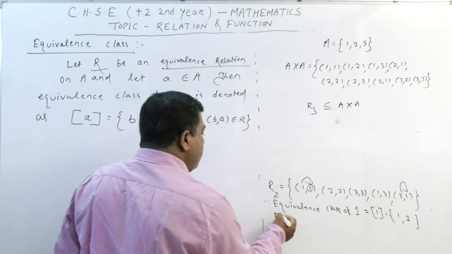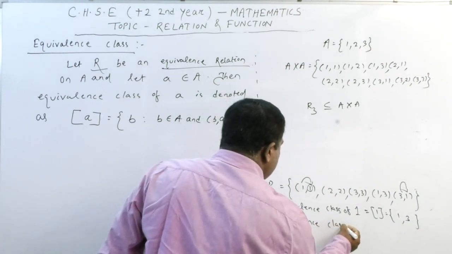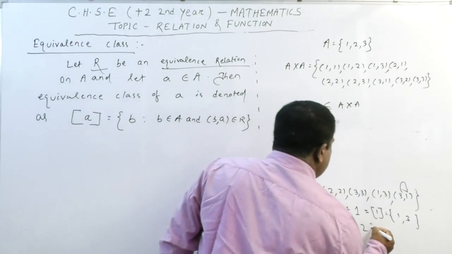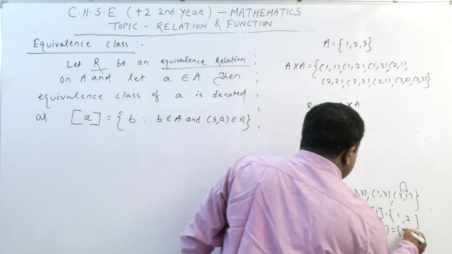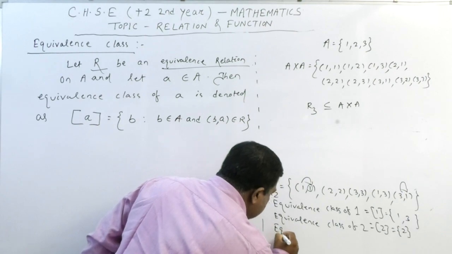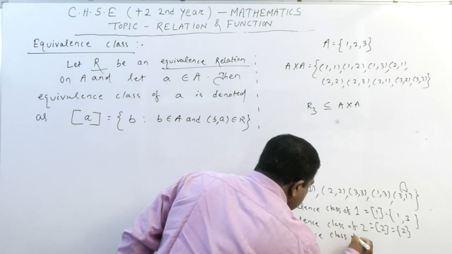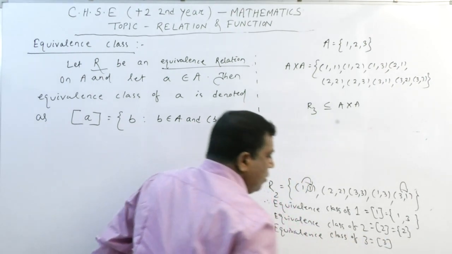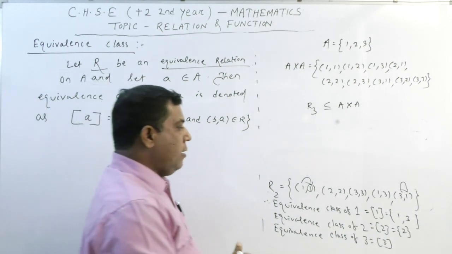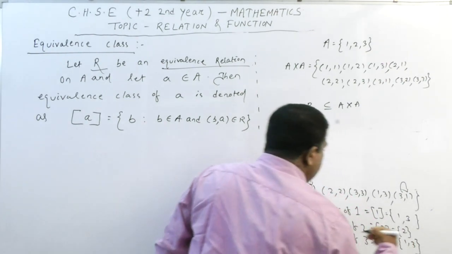Now equivalence class of 2 is what? Try to find out with me. Yes, equivalence class of 2 is denoted by the symbol, and it consists of the single element 2. Clear? Now find the equivalence class of 3. Are you able to find? Very good. Equivalence class of 3 is again 1 and 3.